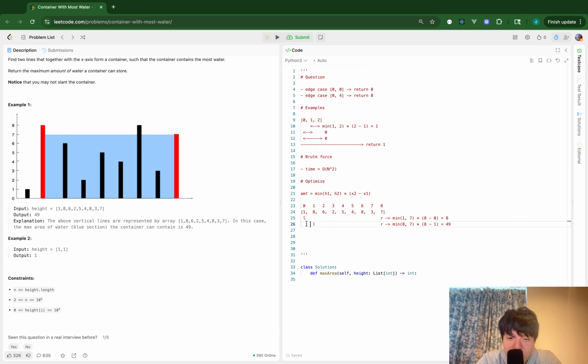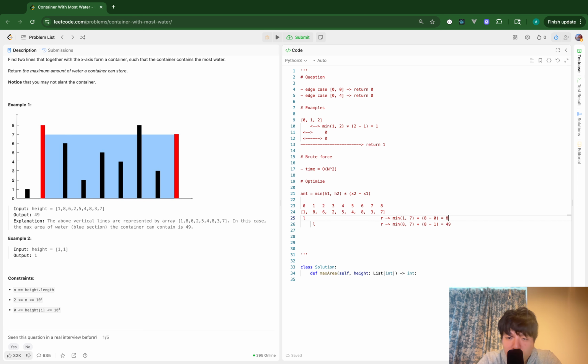So when I move the left pointer, the right pointer, okay, I will think of it in this way. At index 0 and 8, the bottleneck for the height is this one.